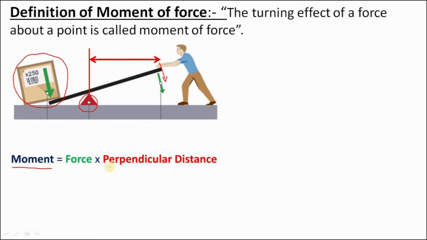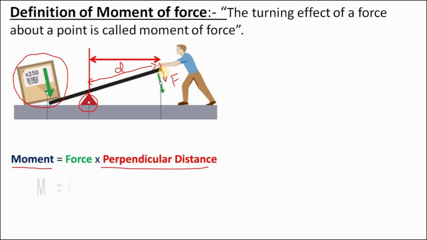So what is this perpendicular distance? Perpendicular distance means the distance between the pivot and the applied force. So this is the perpendicular distance. Force is applied here, this is F, and D is the perpendicular distance from the pivot to the force.